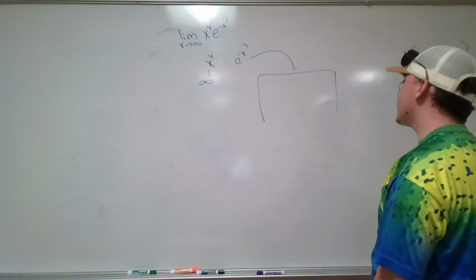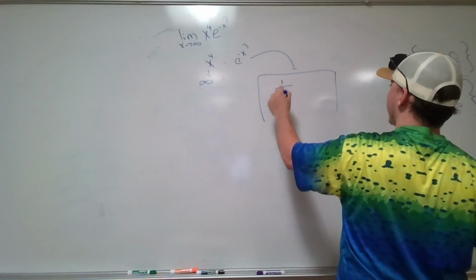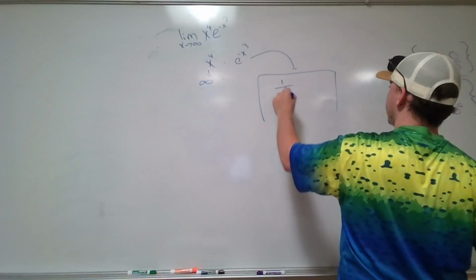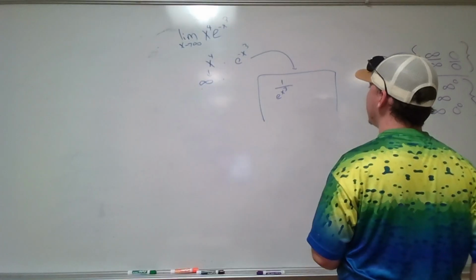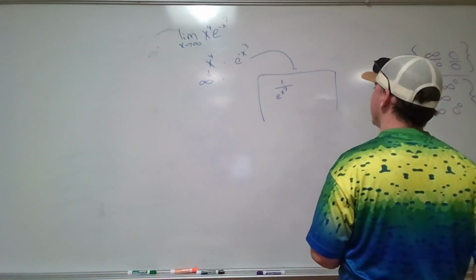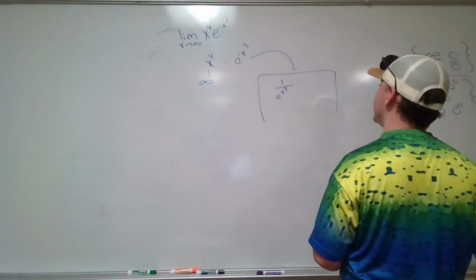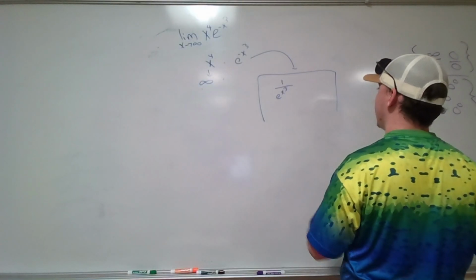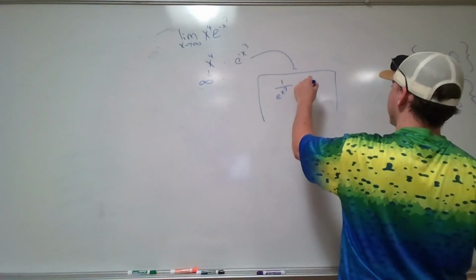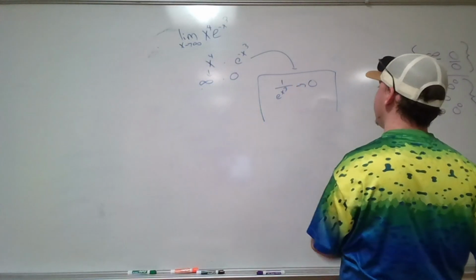E to the power of negative x cubed is essentially 1 over e to the x cubed, which means we're getting really, really small, really, really fast, so this is going to evaporate to 0, because the bottom is going to be huge, which means we have the indeterminate form of infinity times 0.